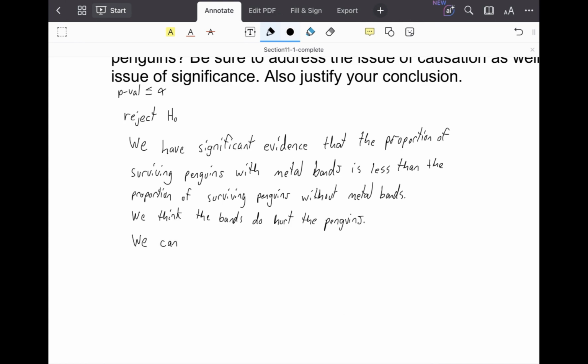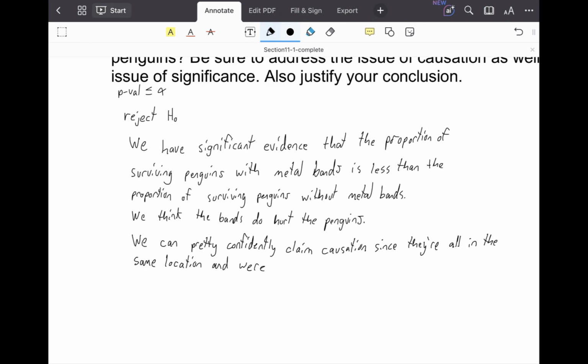So we can pretty confidently claim causation since the penguins are all in the same location, and were randomly assigned either to have the band or to not have the band.